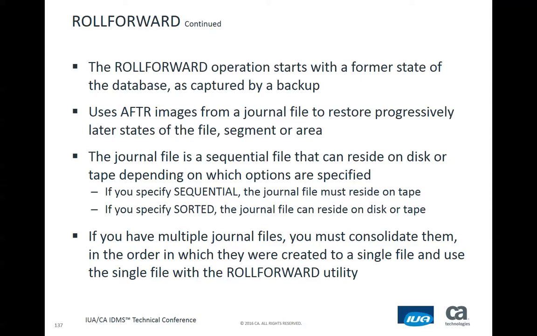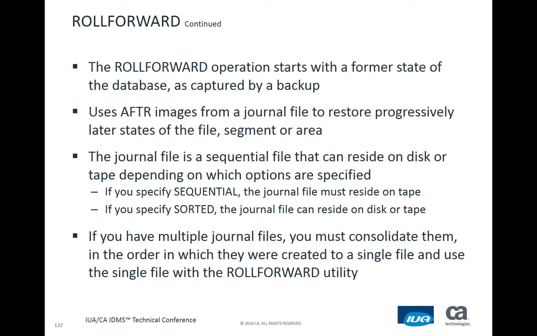I'm only going to apply that one after image. And also, as a result of the sort, we end up doing the database as if it were an area sweep, because we sort these things down by DB key as well. So it just makes one pass through the database applying those after images. So running sorted is faster, and it allows you to use either disk or tape for your input journal files.